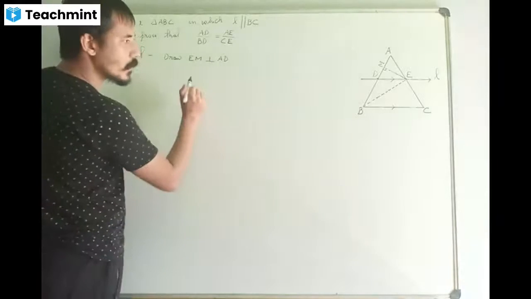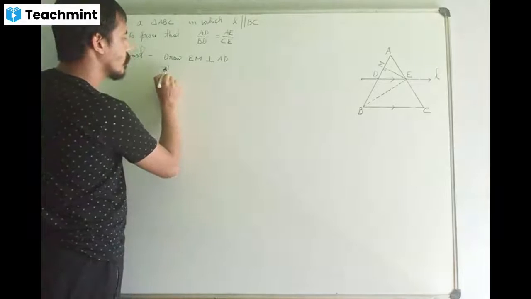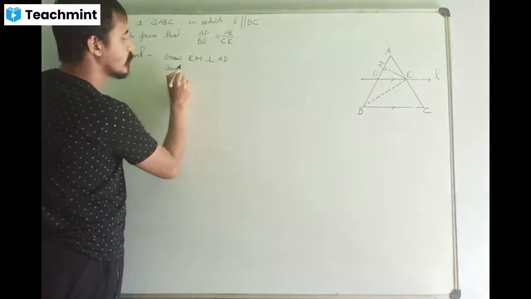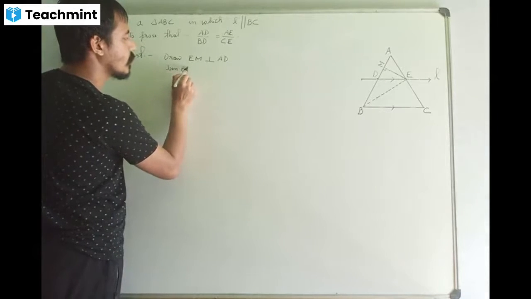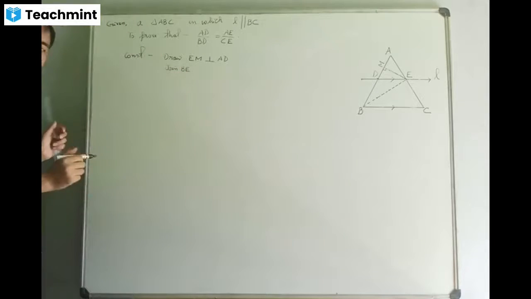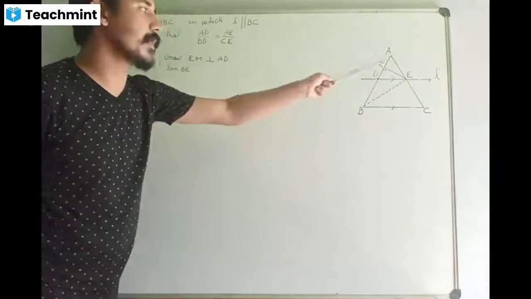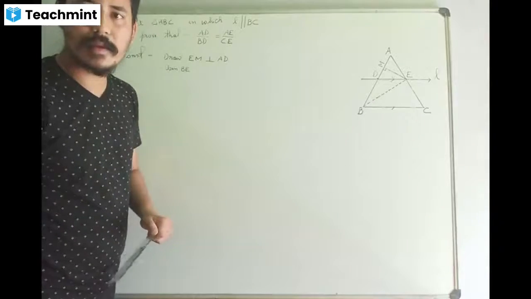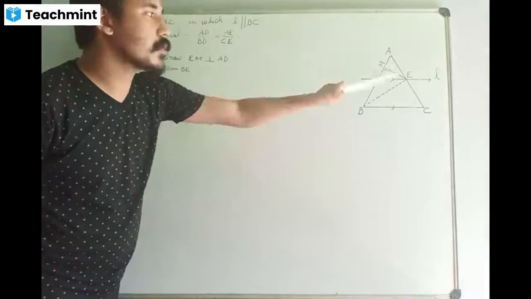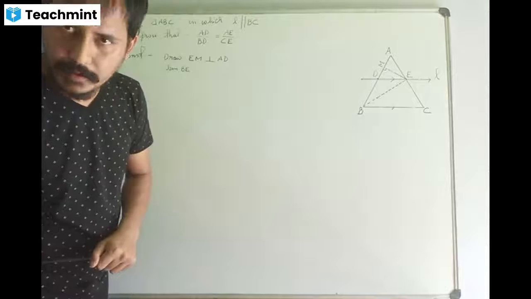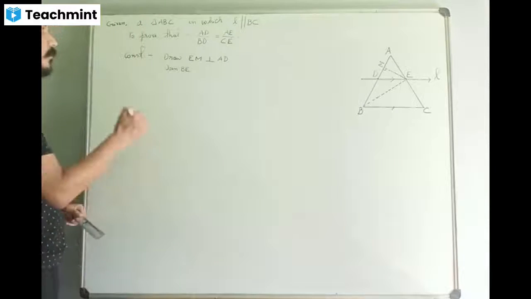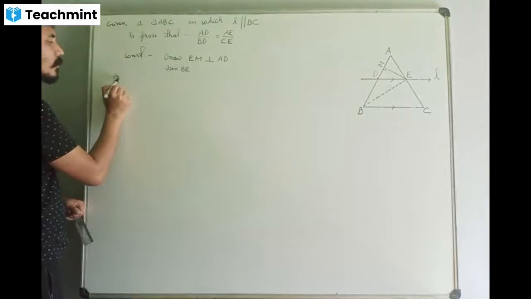And also we have joined BE. So we have drawn EM perpendicular to your AD, and we have also joined BE. Okay? Now let us start with the proof.